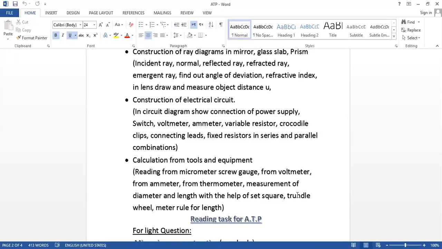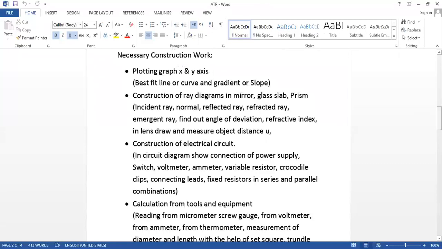So after 50 turns or 100 turns you will hear a click sound. So you can understand this is the distance which you move. It is about 100 millimeter. So you can study about trundle wheel. So these construction works you must know.